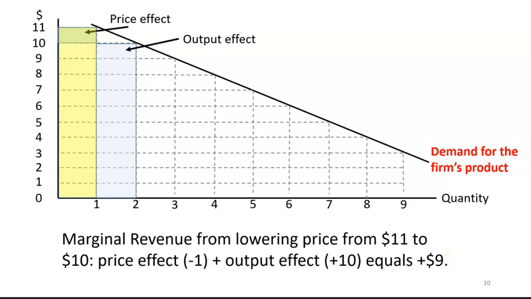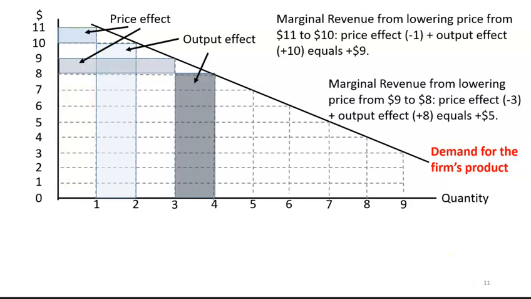I can keep on doing that for different prices and quantities. So if instead I said, suppose we lower our price from $9 to $8, what happens? You can see that there's a price effect here. Before we were selling 3 units.